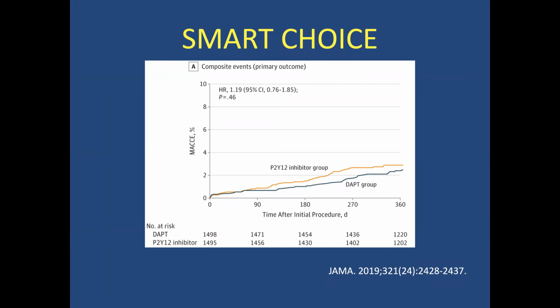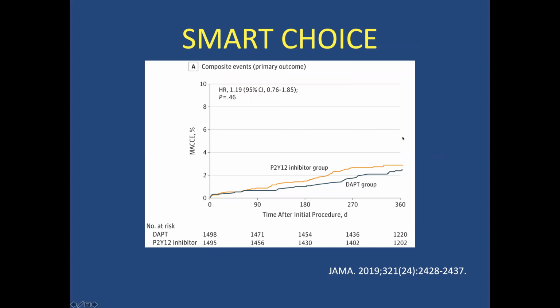The SMART-CHOICE trial looked at a Korean population. A similar study looked at dual antiplatelet therapy for a period of 1 year versus 3 months of dual antiplatelet therapy, primarily clopidogrel and aspirin, and then 9 months of just clopidogrel.